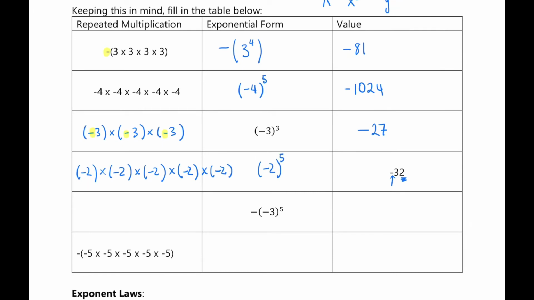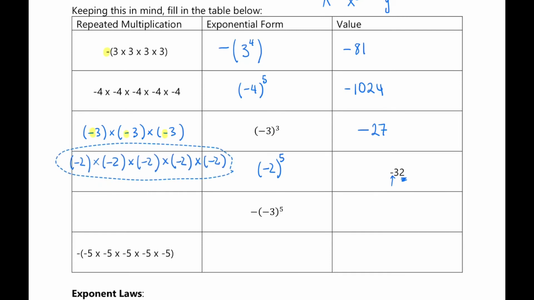What you might notice, though, is that if you were to take out the negative and rewrite that with just 32, you can actually do that as well here. If you take out, let's say, negative 1 out, and say 2 times 2 times 2 times 2 times 2.